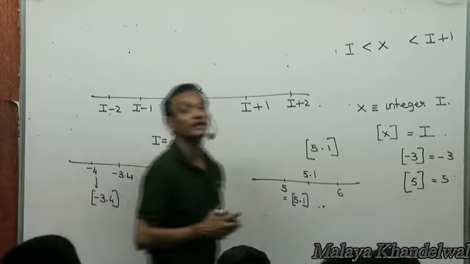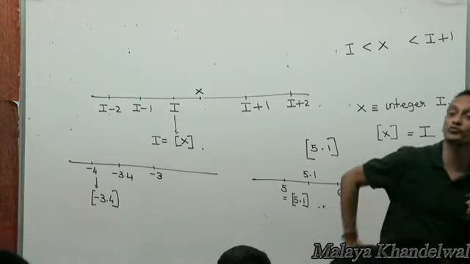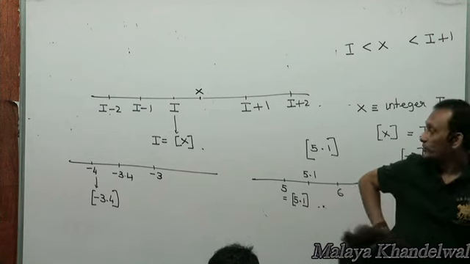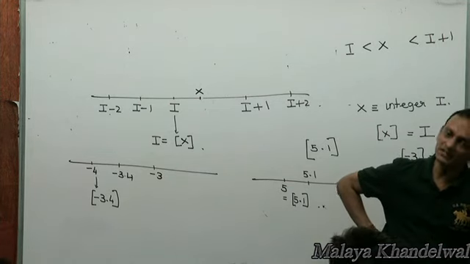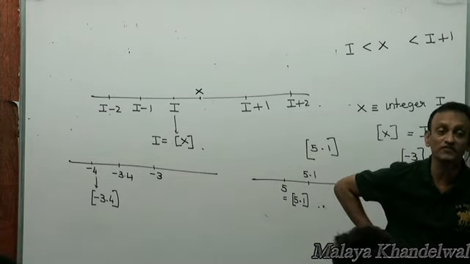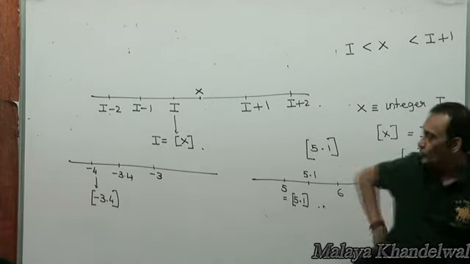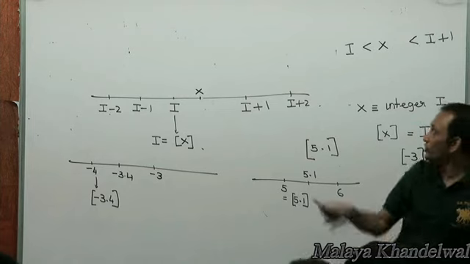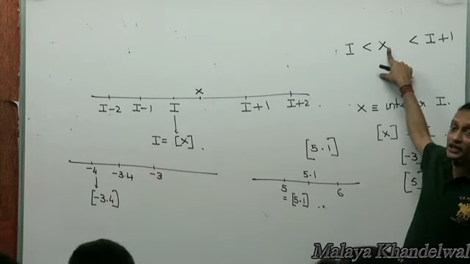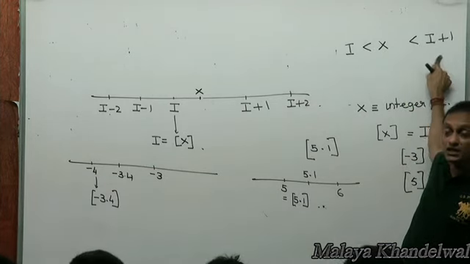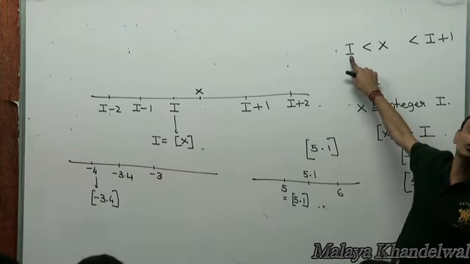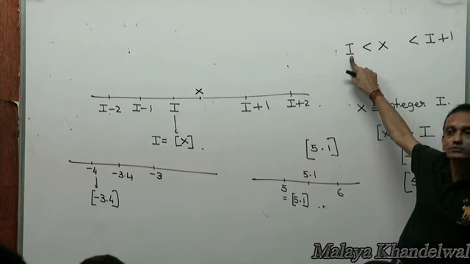The integer to the immediate left of minus 3.4 would be box of minus 3.4. But box of minus 4 would be minus 4. Box of minus 5 will be minus 5. Box of 2 would be 2. Box of an integer would be the integer itself. But if x is not an integer, it must lie between two integers. Then the box of this will be I, which is the integer to the immediate left of x.